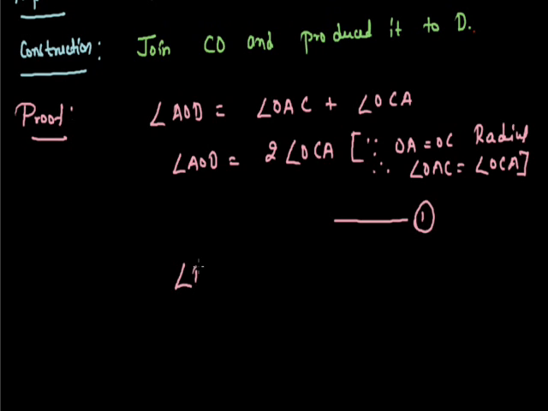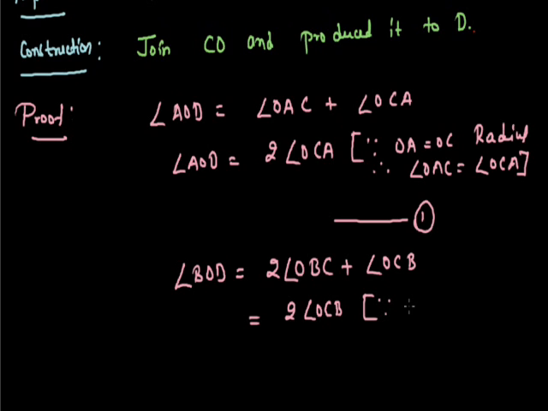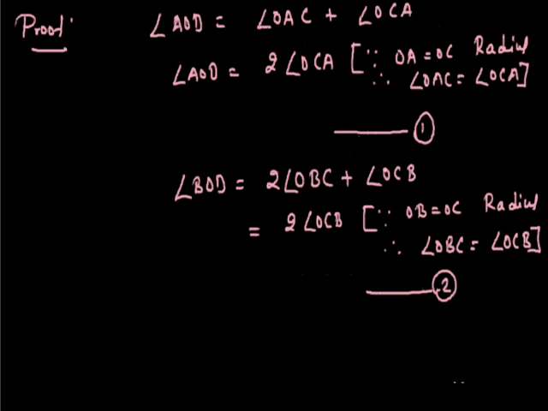And angle BOD is equal to angle OBC plus angle OCB, and this is equal to twice of angle OCB, again because OB equals OC, radius, therefore angle OBC is equal to angle OCB. Second equation.